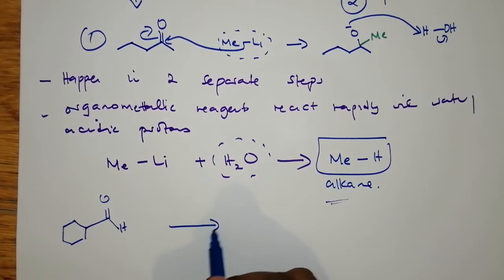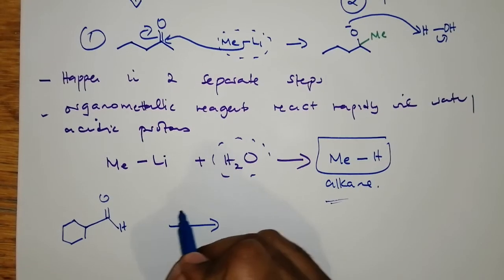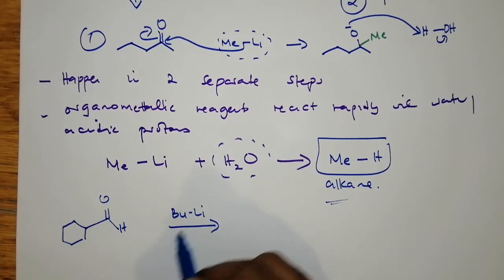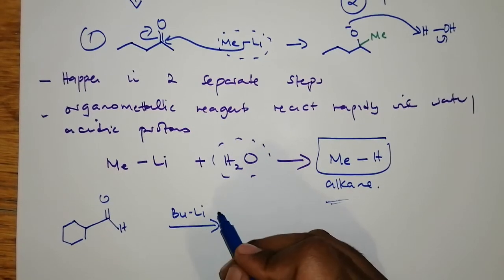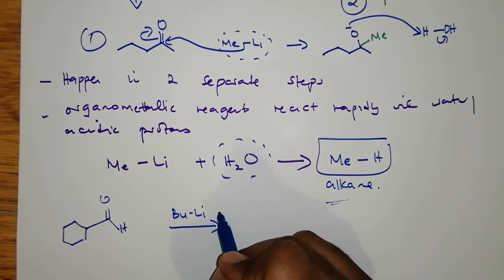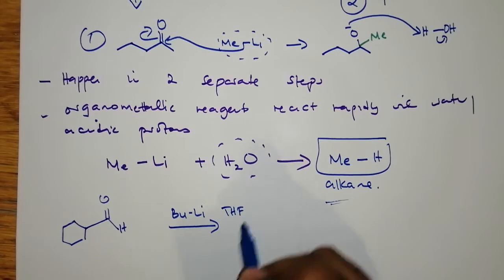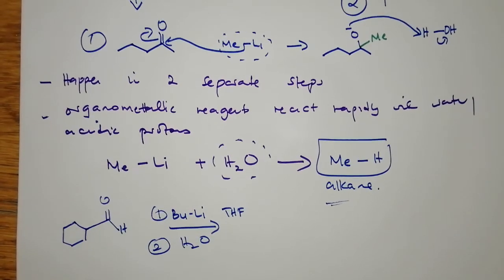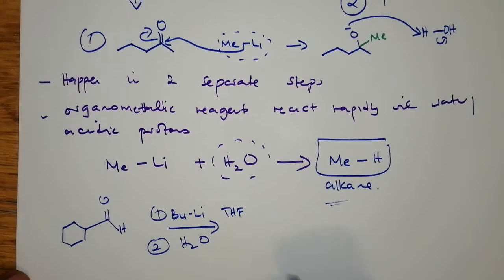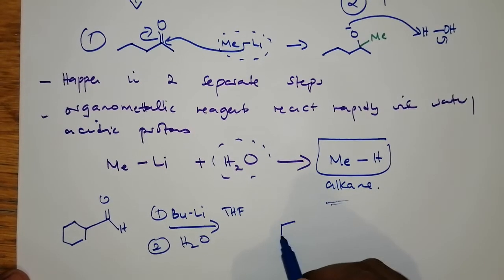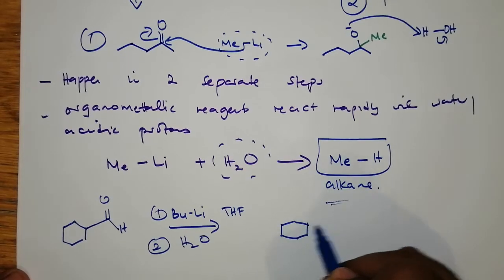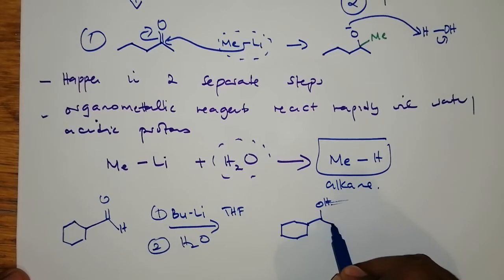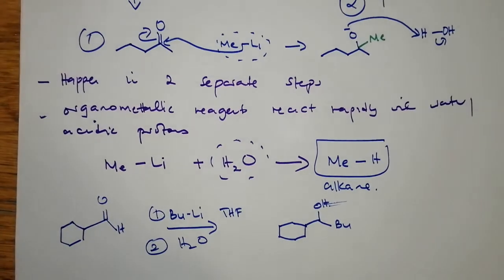And then we have, I don't know, butyllithium, and then let's say THF again, right? Then we've got water there. First step, second step. So when these react, guys, it's going to form this. You know the mechanism. So it's going to be OH and then this Bu right here.